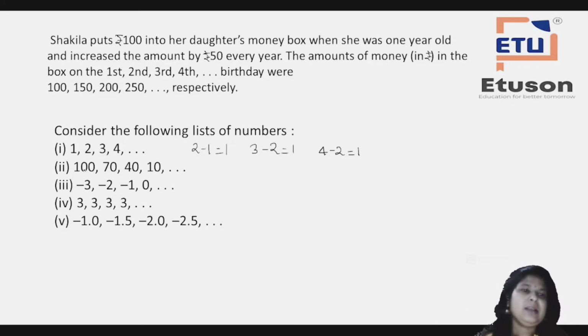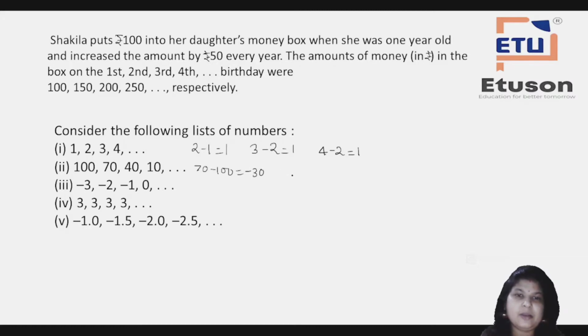Correct or not? Now, list 2: 100, 70, 40, 10. So here, subsequently the numbers are decreasing, and it is decreasing by how much? For example, here it is 70 minus 100. So it is decreasing by minus 30, right? It is decreasing by minus 30. So similarly, you see here 70 minus 100, how much?